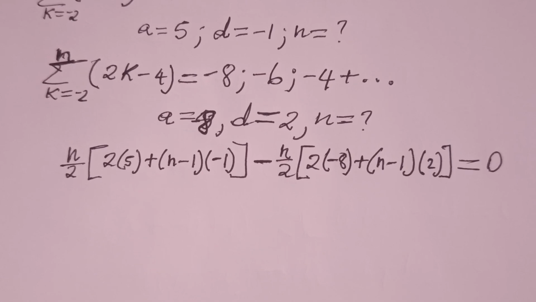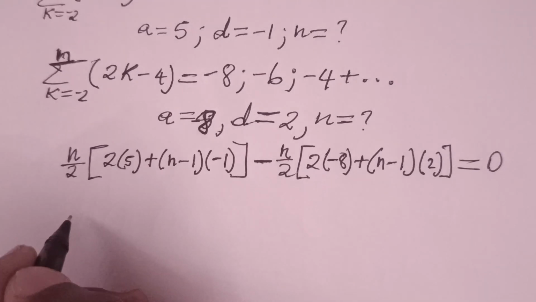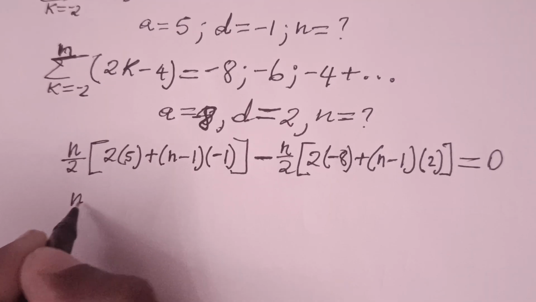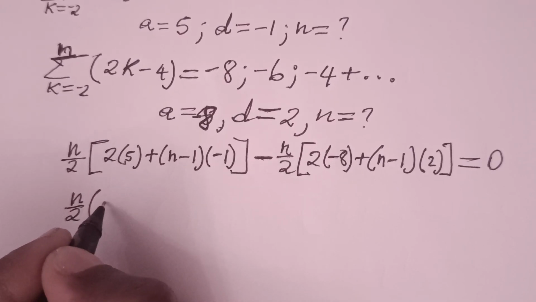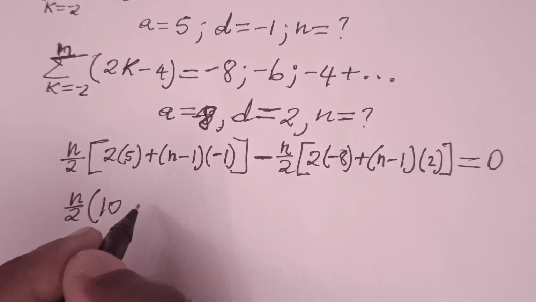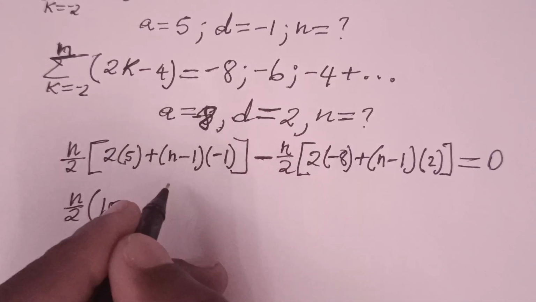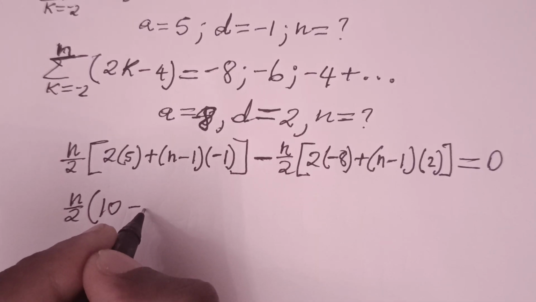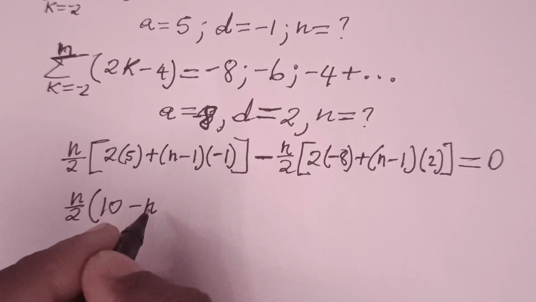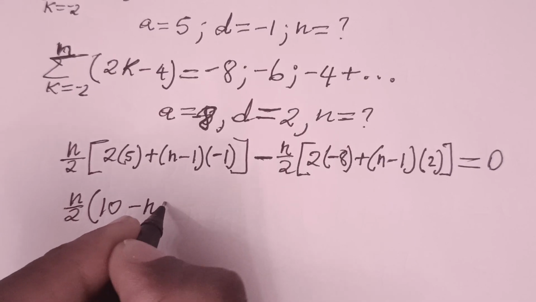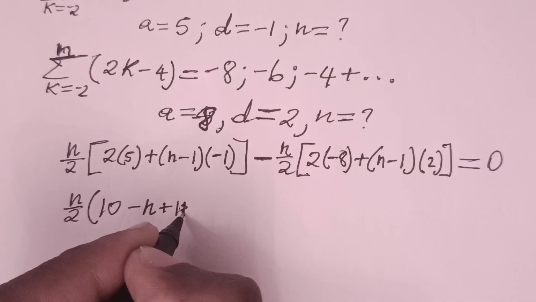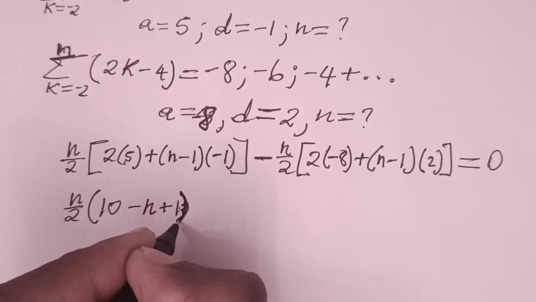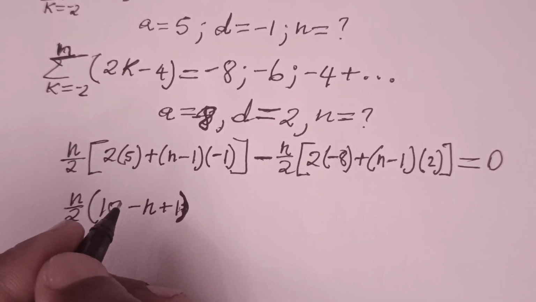In this particular instance, we can have n over 2 into 2 times 5 is 10, minus 1 times that, and minus 1 times minus 1 is a positive 1, for that matter.